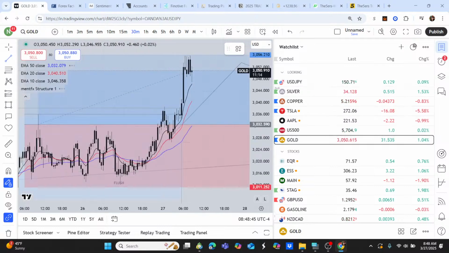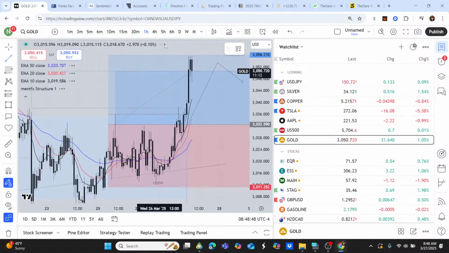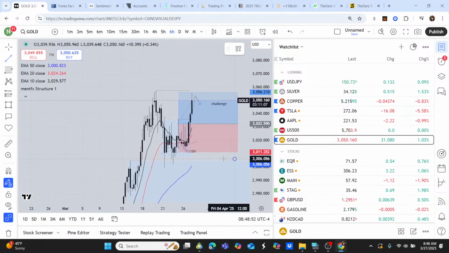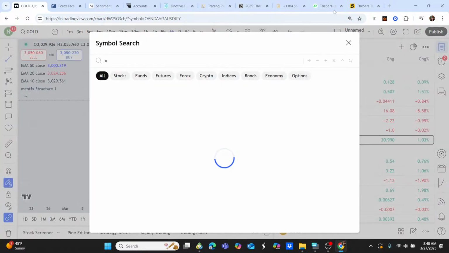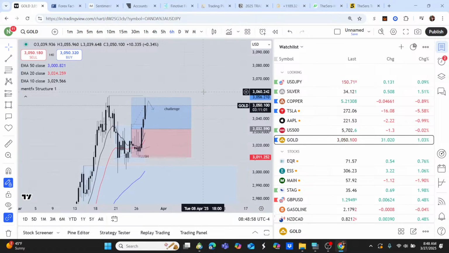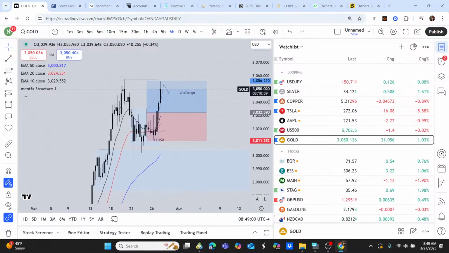Gold, on the other hand, let me see what's going on with gold. Oh, shoot. Yeah, gold I could possibly look for a lower time frame entry. Silver and gold look like they move similar.